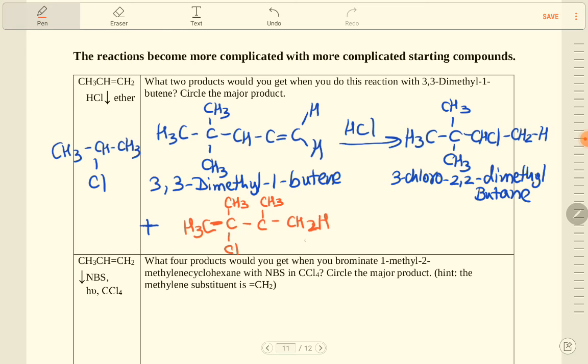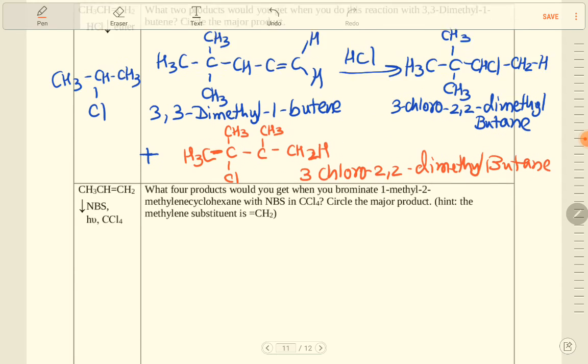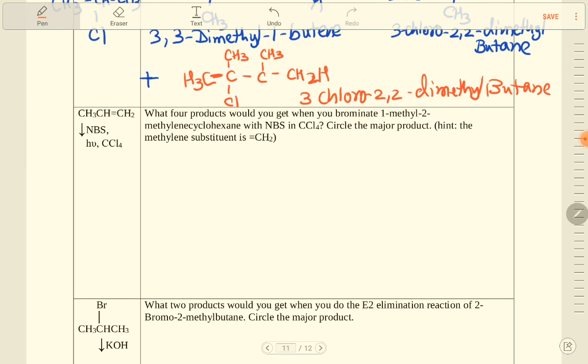The other product is 3-chloro 2,2-dimethyl butane. You guys need to explain why and how for more complicated starting products. Now let's see the other one.